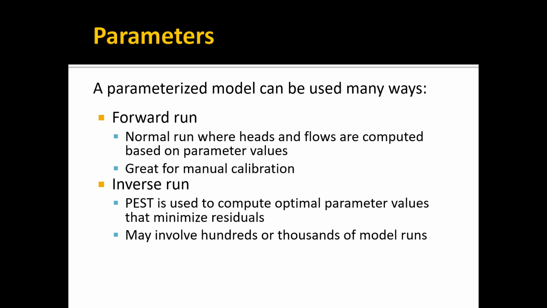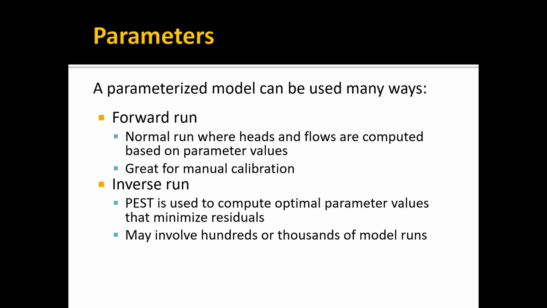So at each PEST iteration, it holds all of the parameter values constant except one, and then it'll move it down or up a little bit, and then it'll see by reducing a parameter, what does that do to the error? Does it make it better or worse? And then it does it to the next parameter and then the next one.